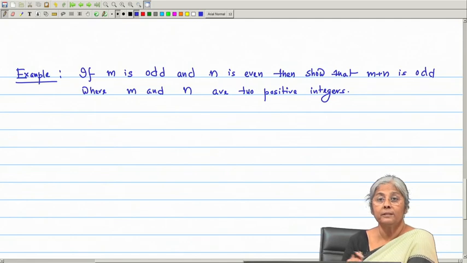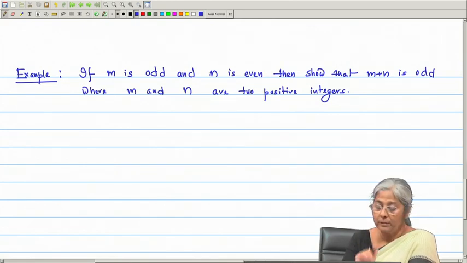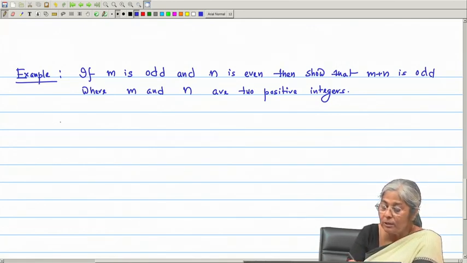Now, what definition is required? All of us know what is odd and what is even, but it has a proper definition. So, what is an odd number?